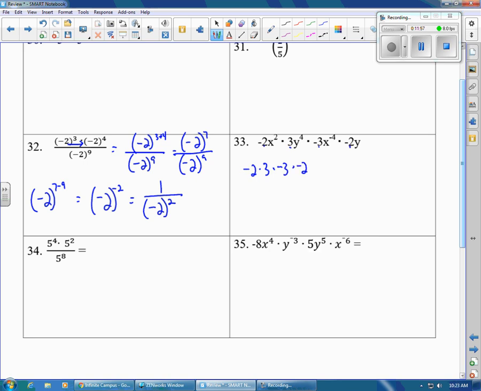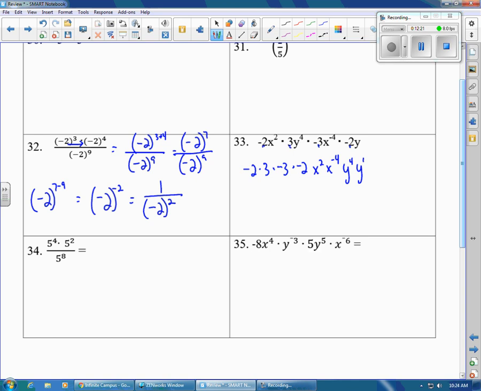I just rewrote them, pulling the constants away from the variables. So next I'm going to write my x terms. So I've got x to the 2nd and then x to the negative 4th. And then I've got y to the 4th and y, just plain y with no exponent on it, so I know that's an exponent of 1. I'm going to go ahead and write that so I don't forget about it.